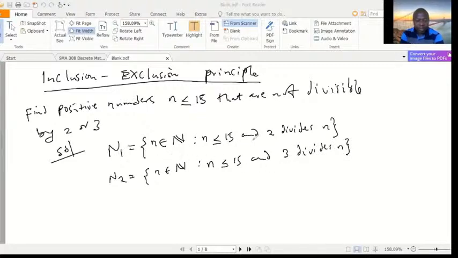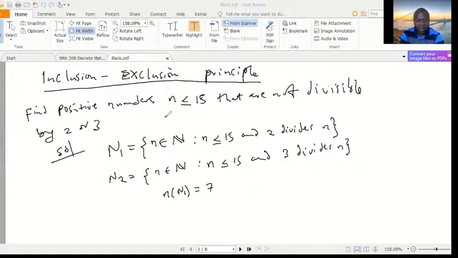So N1, how many numbers are these? How many numbers between 1 and 15 are divisible by 2? It would be 7. I just took 15 divided by 2 and found that there will be 7 numbers which are divisible by 2.